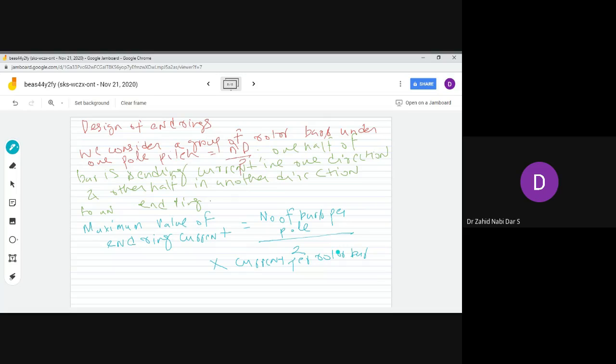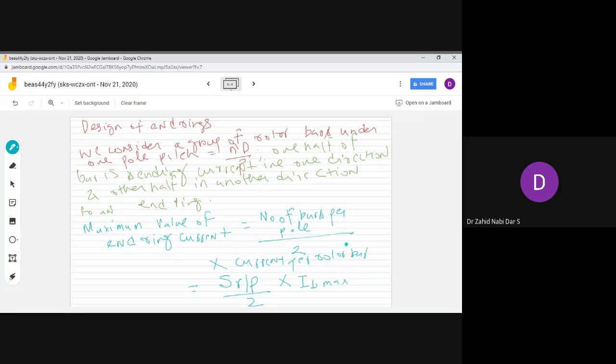The current per rotor bar is IB. So the number of bars per pole divided by 2. The number of bars would depend upon the number of conductors, which internally depends upon the number of rotor slots. So we can safely write that the number of bars per pole would be equal to SR divided by P, divided by 2, into IB max.